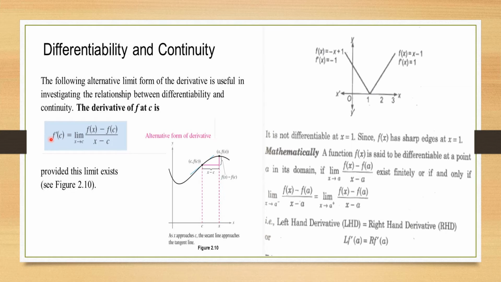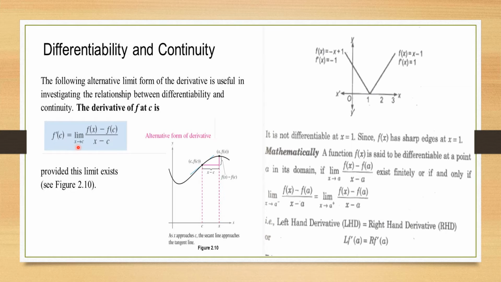will be called the derivative of the function at that point. Okay, because we did the first derivative test in your last class, 11th also, and you know how to check the derivative of f at c, which we called the first principle. So f dash c is the limit x approaches c, f of x minus f of c upon x minus c. Okay, this is actually y2 minus y1 divided by x2 minus x1.